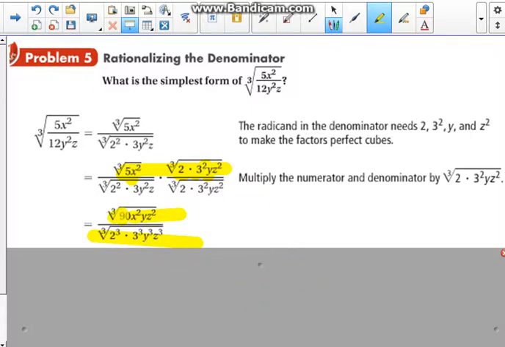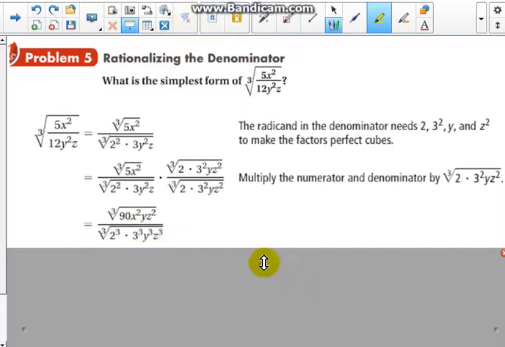And then on the bottom, notice now everything is cubed: 2 cubed, 3 cubed, y cubed, z cubed. That was our goal from the very beginning, because we have to clear this out because our index was 3. If our index had been 5 for all this, we would have made everything a 5th power. But because we're trying to clear the cube in our index, we make everything a power of 3.